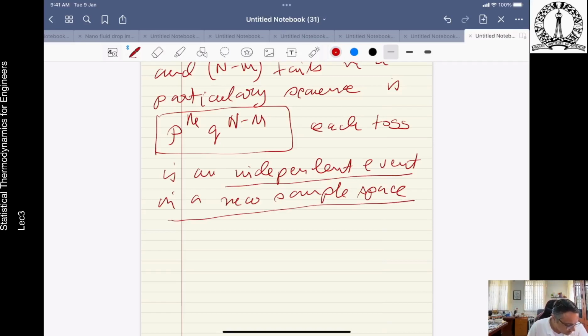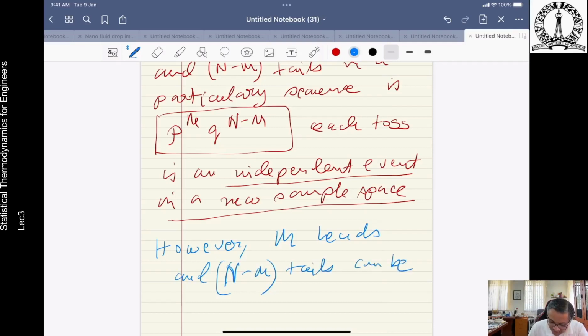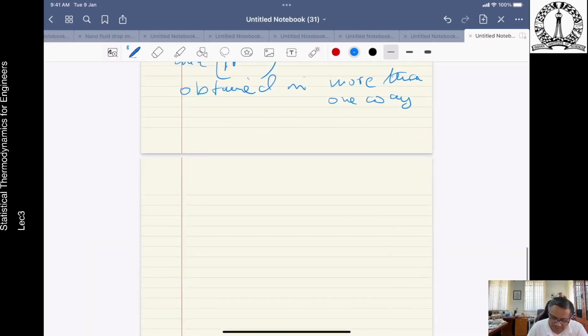However, now a little bit of a twist. m heads and n minus m tails can be obtained in more than one way. So what is that?